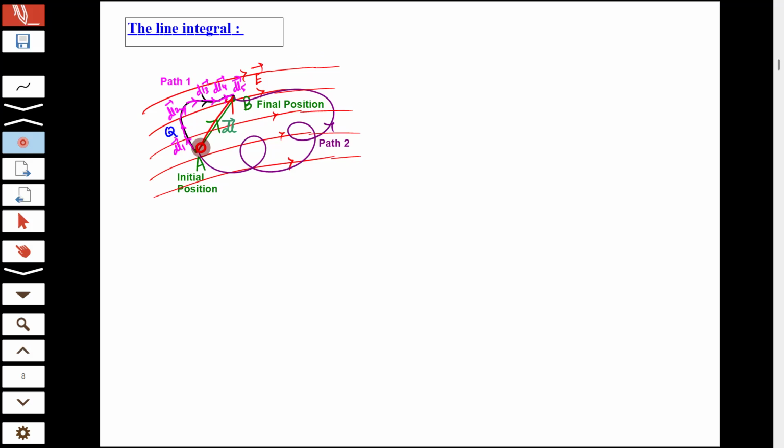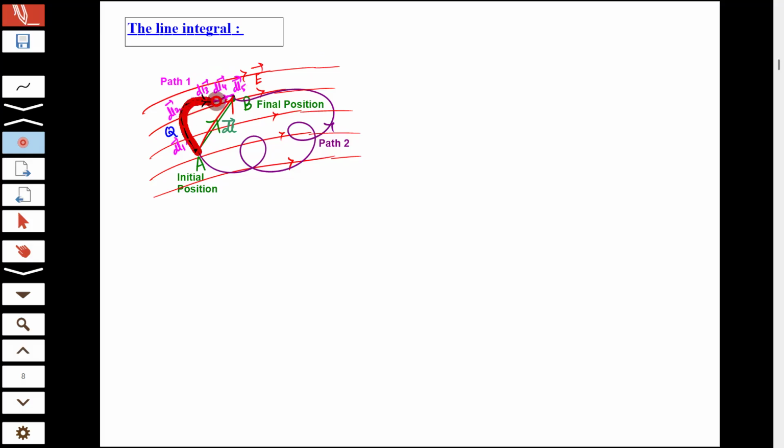Now, if I estimate the total amount of work done in moving the charged particle from point A to point B through this path, I can consider a small amount of work done in moving through a length dl1, plus a small amount of work done in moving through the length dl2, plus a small amount of work done in moving through the length dl3, plus a small amount of work done in moving through the length dl4, plus a small amount of work done in moving through the length dl5.